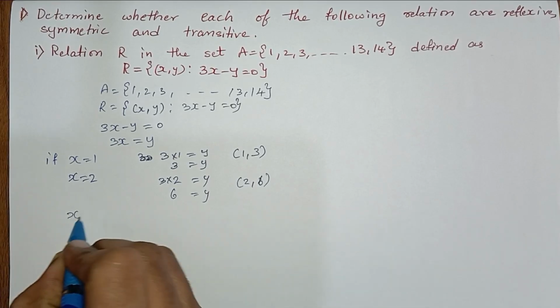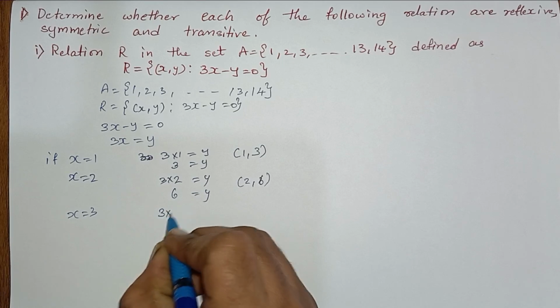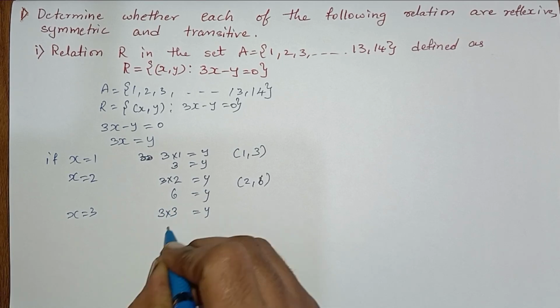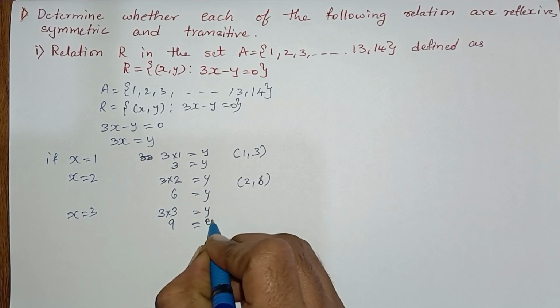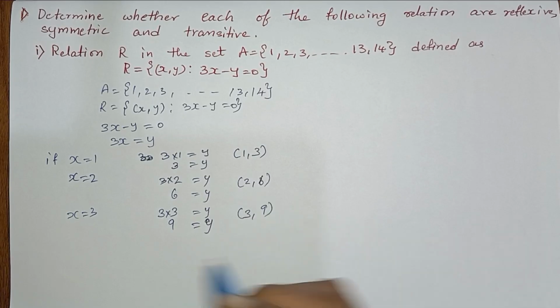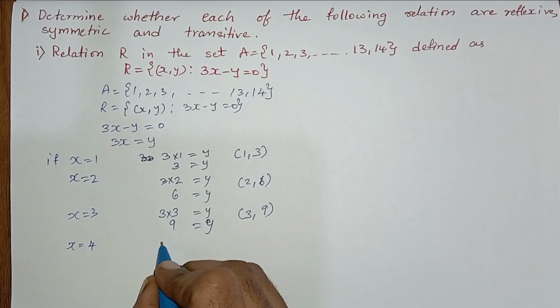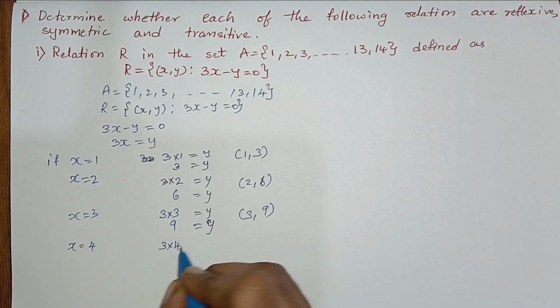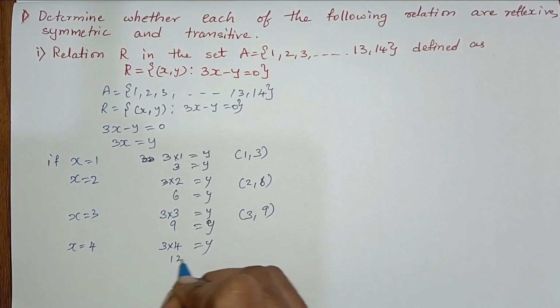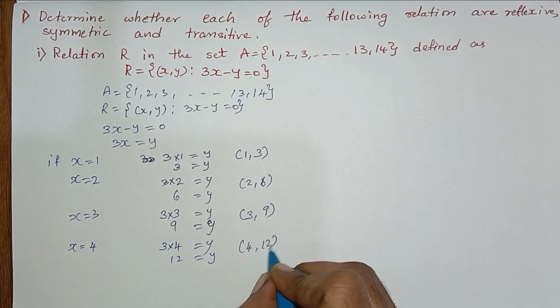Then if x is 3, so 3 into 3, that is 9, is y. So the third one is (3, 9). The fourth: if x is 4, then 3 into 4 is equal to 12, so the pair is (4, 12).